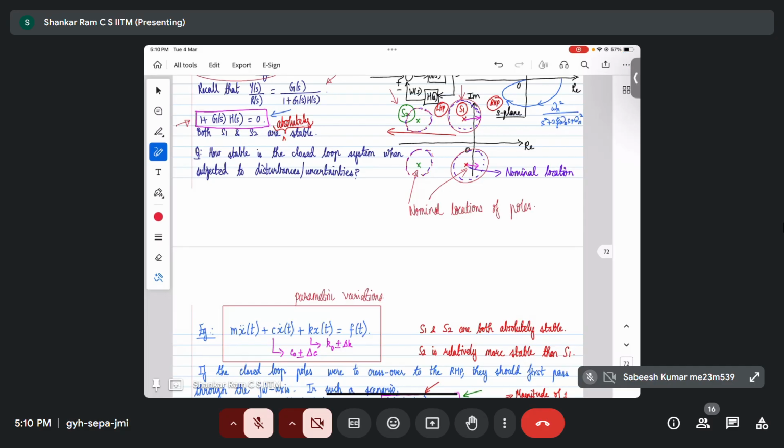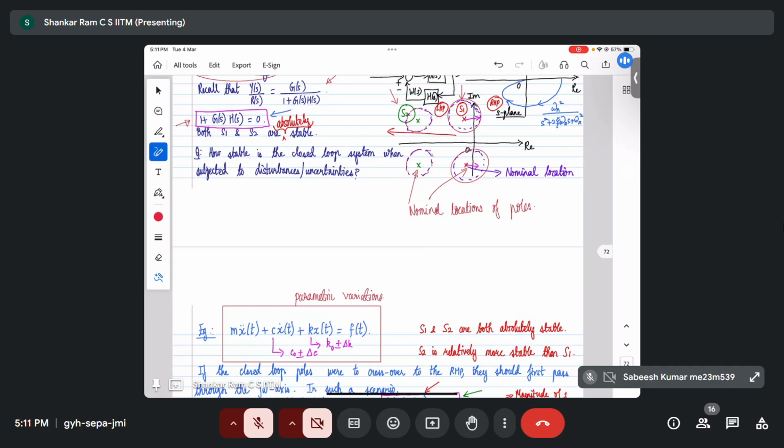Sir, the pole closer to the imaginary axis is the more dominant pole, and that will in fact result in better response characteristics in terms of settling time and so on. Correct. So closer to the imaginary axis, the transient response will be better.